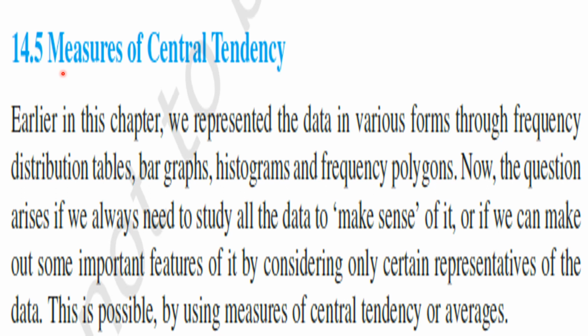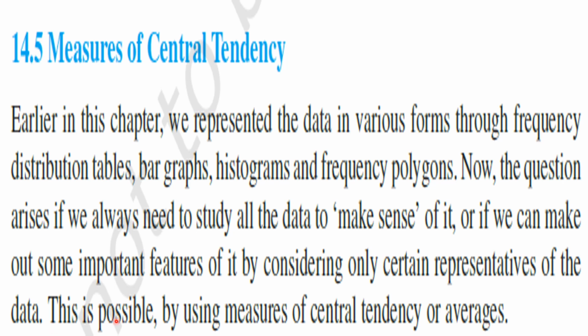In the previous exercises, we have represented the data in various forms through frequency distribution tables, bar graphs, histograms, and frequency polygons. Now the question arises: do we always need to study all the data to make sense of it, or can we make out some important features of it by considering only certain representatives of the data?